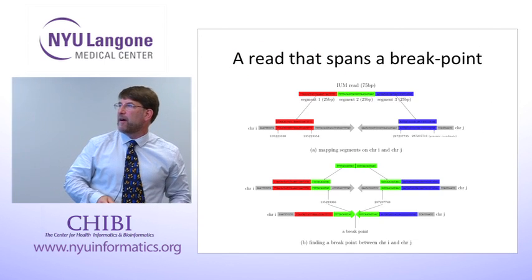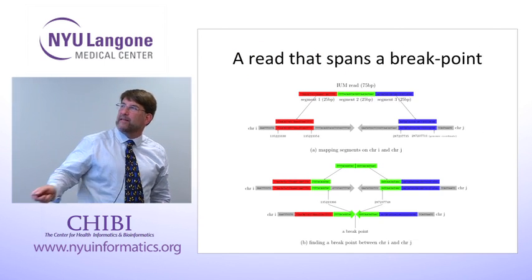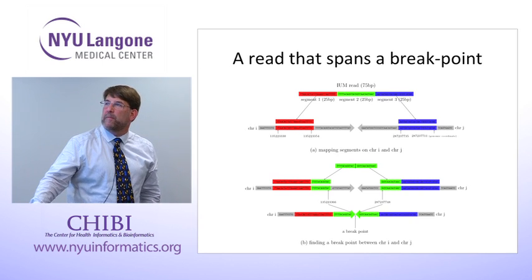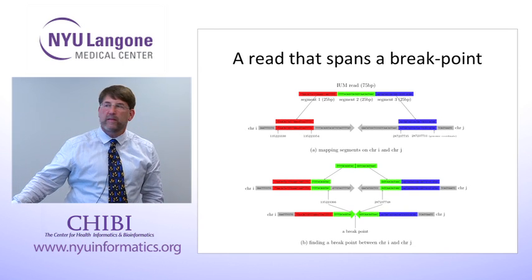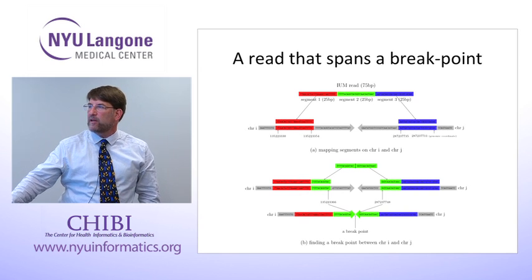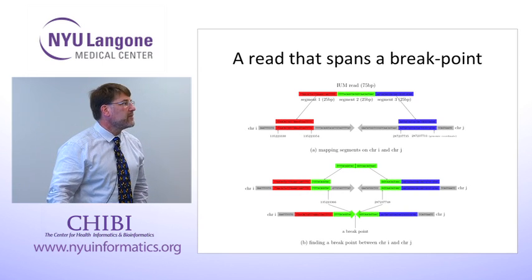This is a graphic of how their thing works. So ideally, your read is long enough that you can break it into several pieces. One piece maps here on this chromosome. Another piece maps here on this chromosome. When you try and build a fusion, you discover the exact junction is here in this center piece.